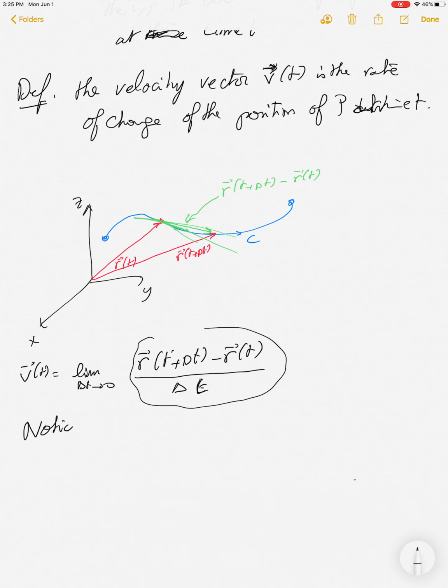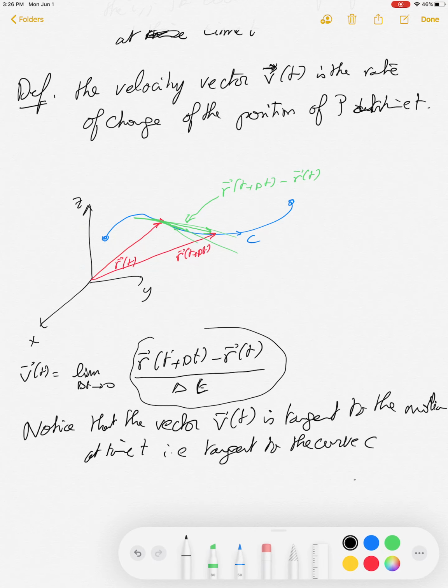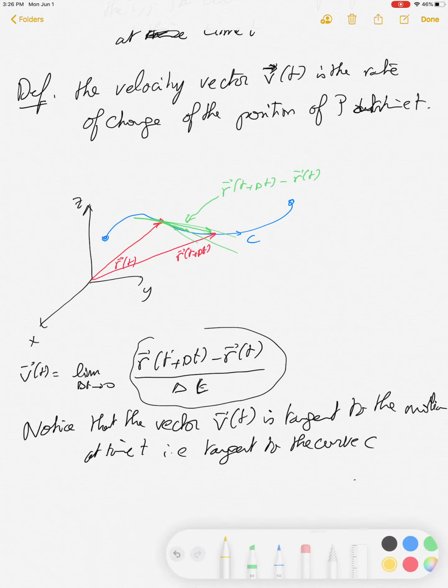So notice that the vector v of t is tangent to the motion at time t, i.e. tangent to the curve C, which in this case is, let me use maybe this color.